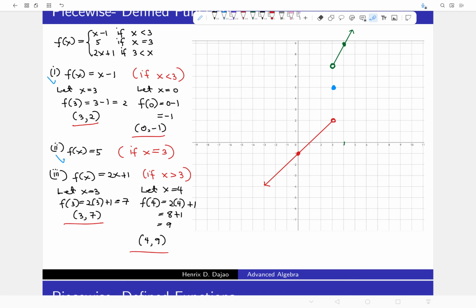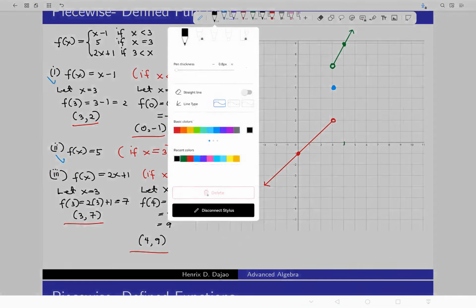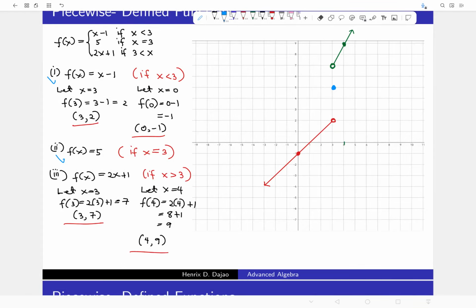So now the question is, how do we determine the domain? It's quite easy. So the domain of the function f is the set of all real numbers, because you can use all those numbers here, including 3 as well, and all those numbers that are greater than 3, as our values of x.